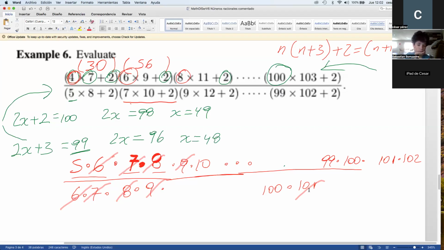We have one factor more. So we get rid of all this and this. Eliminate this one, and we will have 5 times 102. 510. Okay.